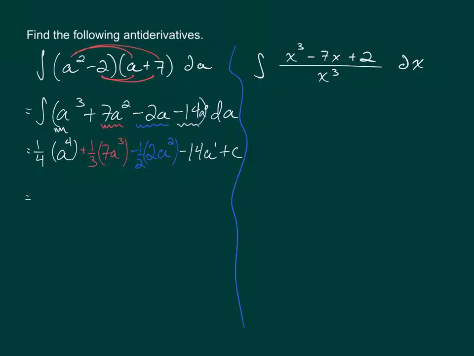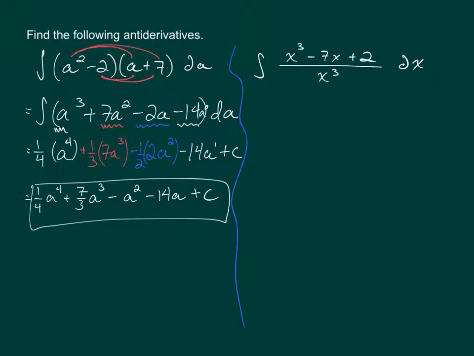So I'm going to rewrite this as 1/4 a to the 4th power plus 7/3 a cubed minus a squared minus 14a plus c. And here's an answer for the antiderivative of the first example.